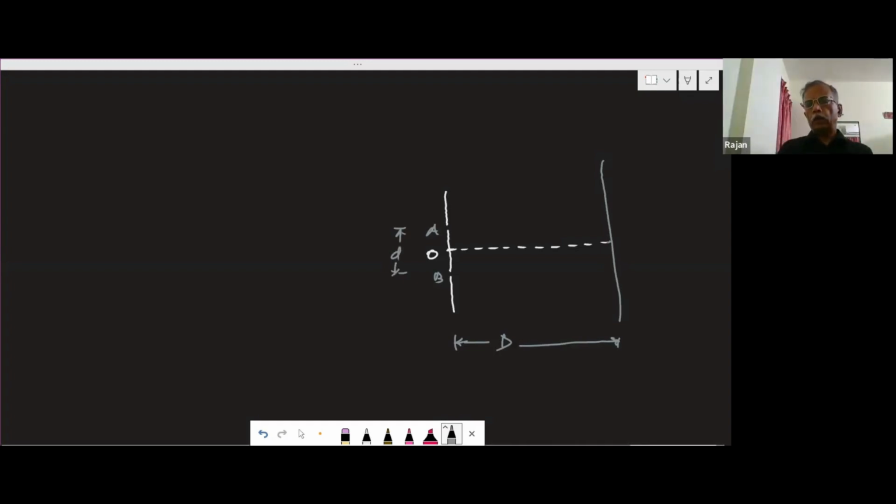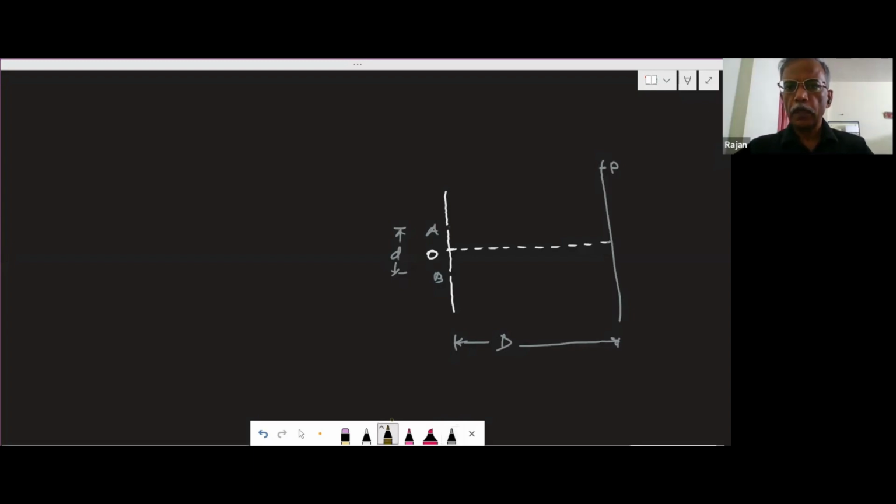Right? Now at any point P, we'll take any point P. P can be, generalized, Yn or Yn dash, I mean the position of the nth bright fringe or nth dark fringe. Both the cases we can have from the same figure.